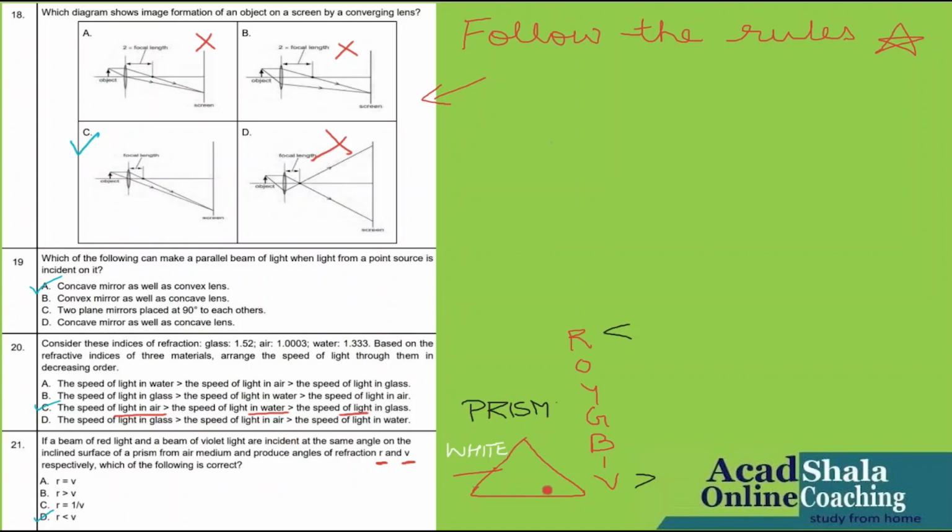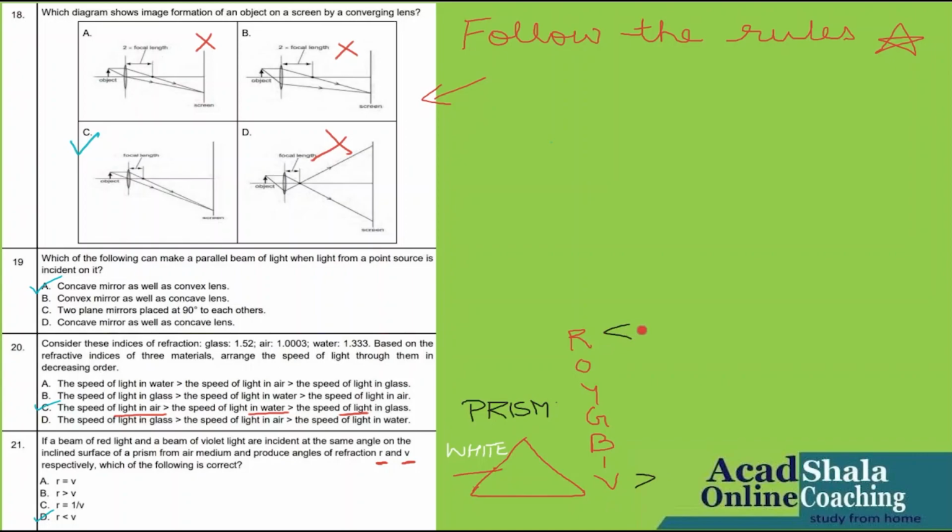You know also, if we take a prism, children, after white light passes through the prism, we get VIBGYOR. And you know the sequence of this: on the top, the red light is there, and at the bottom, the violet light is there. So the angle of refraction of red light is less and of violet light is more.